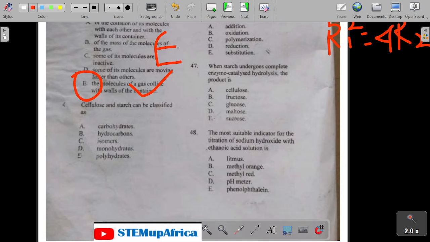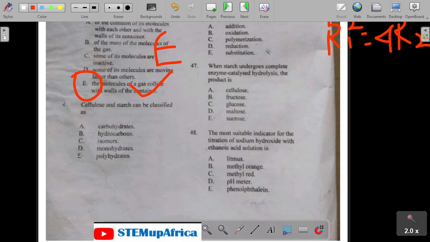Cellulose and starch are classified under what? They are complex sugars. Monosaccharide, no. Carbohydrate, no. Hydrocarbons, they are not.